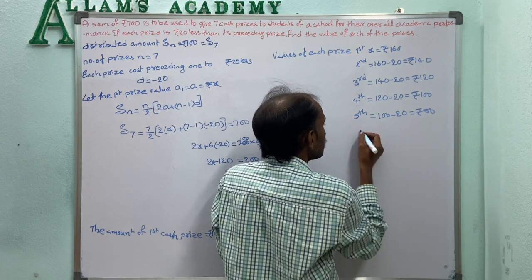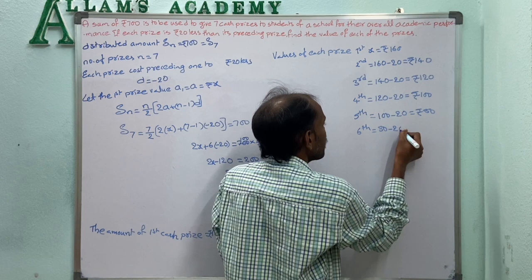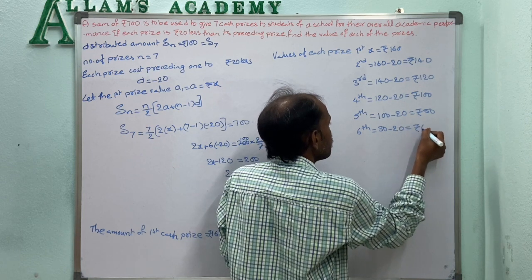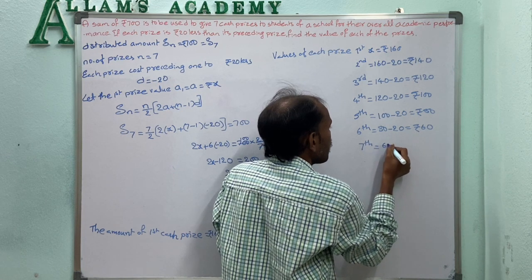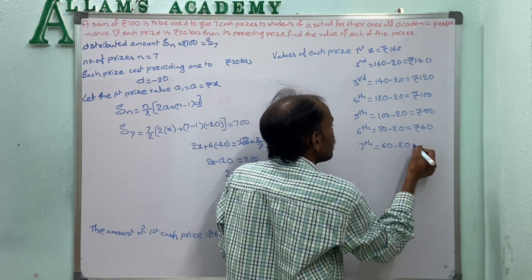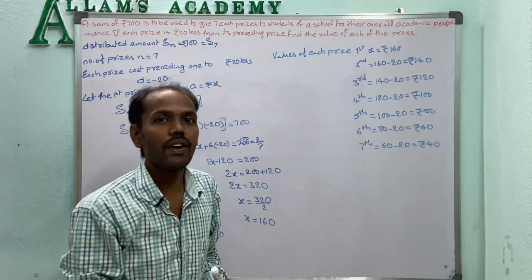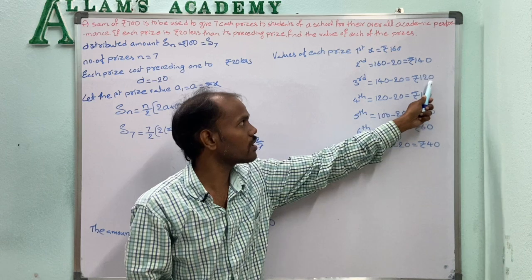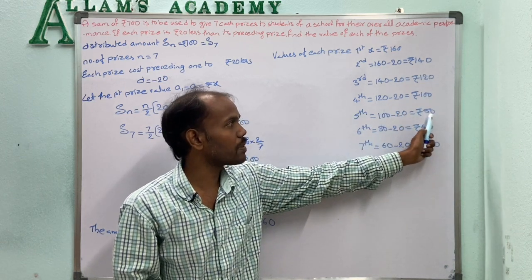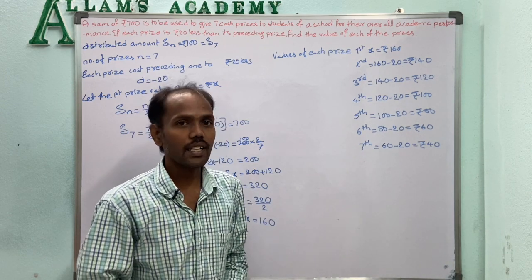The sixth prize cost is 80 minus 20, equal to 60 rupees. Next, the seventh prize cost is 60 minus 20, equal to 40 rupees. So the seven prizes cost 160 rupees, 140 rupees, 120 rupees, 100 rupees, 80 rupees, 60 rupees and 40 rupees.